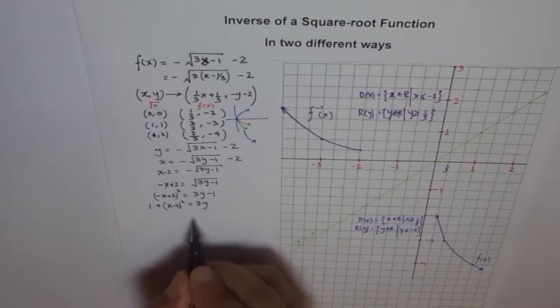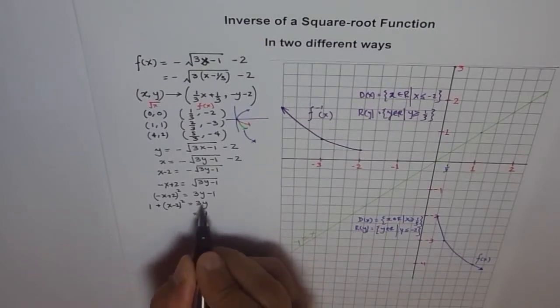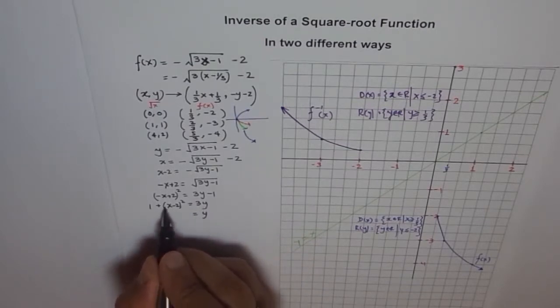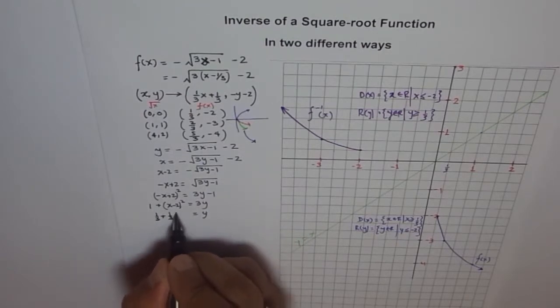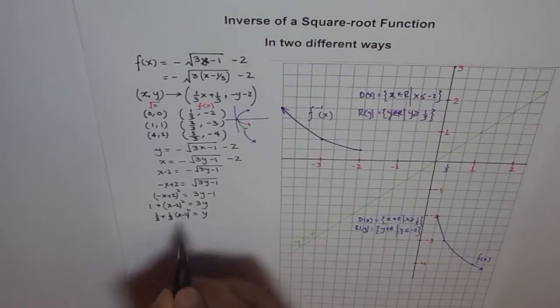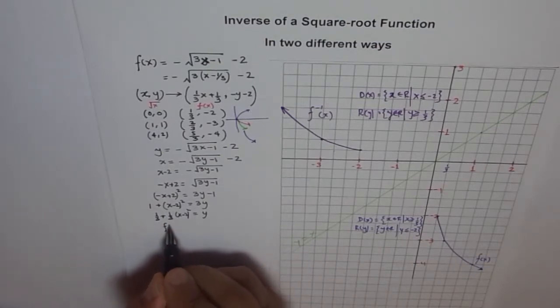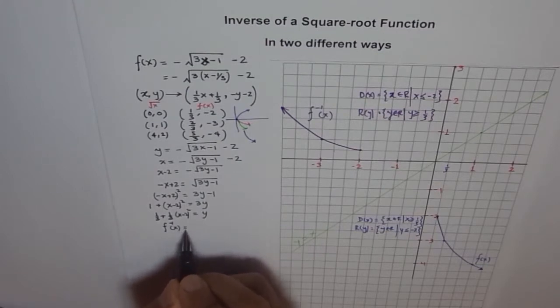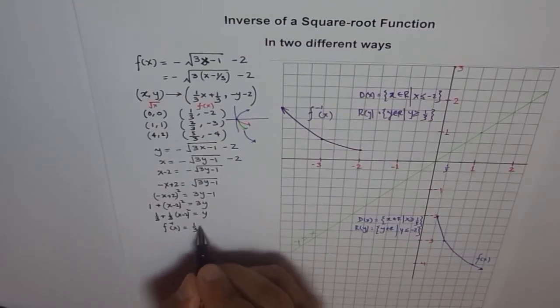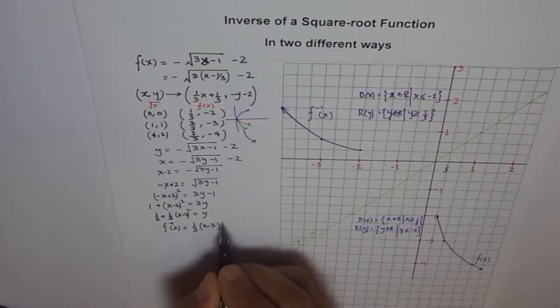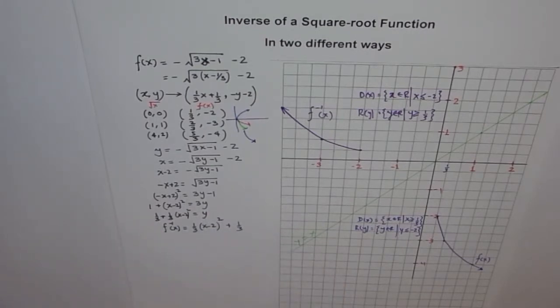Now we can solve for y and say y is equal to 1/3 of x minus 2 whole squared plus 1/3. Therefore, f inverse of x is equal to 1/3 of x minus 2 whole squared plus 1 over 3, correct?